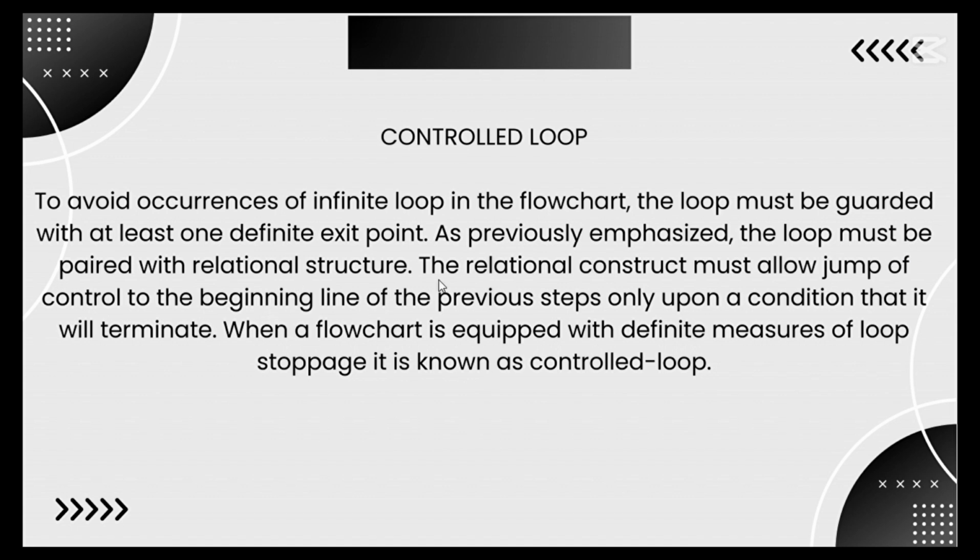The relational construct must allow a jump of control to the beginning line of the previous steps only upon a condition that it will terminate. When a flowchart is equipped with definite measures of loop stoppage, it is known as a controlled loop.